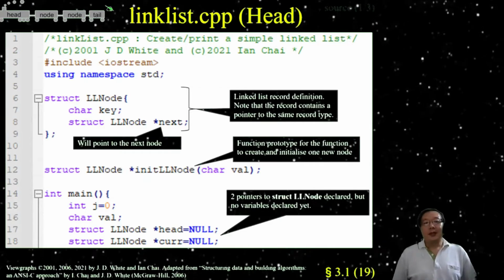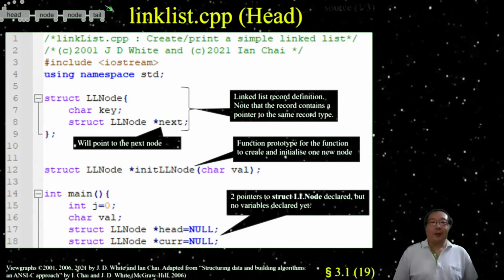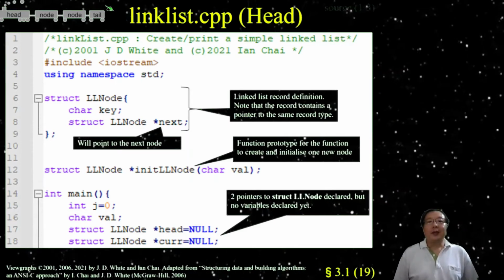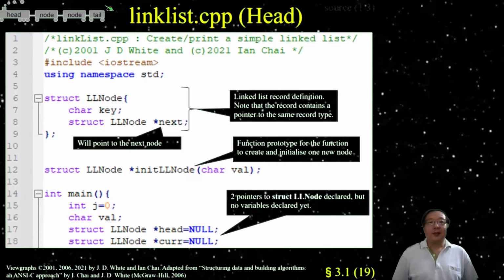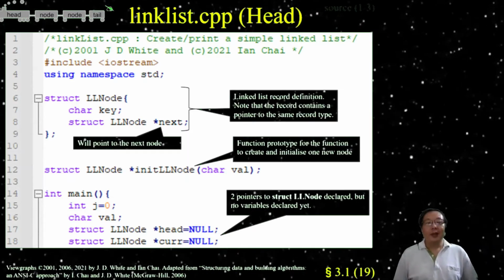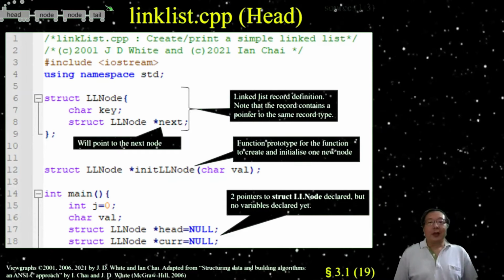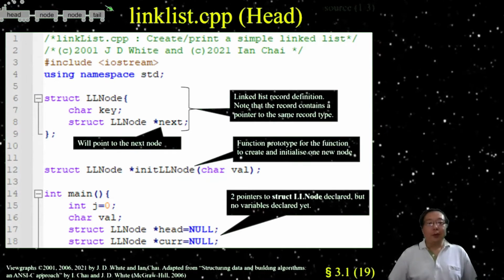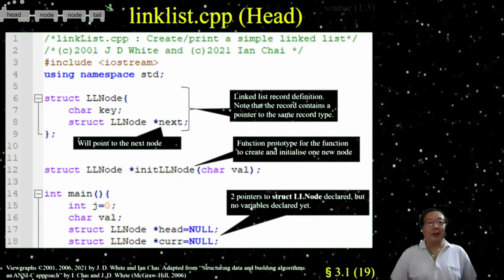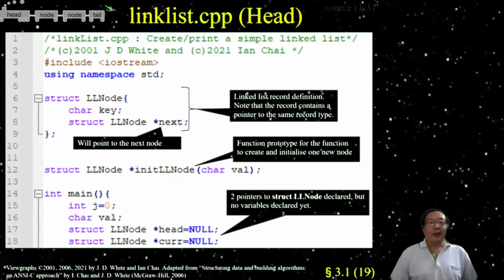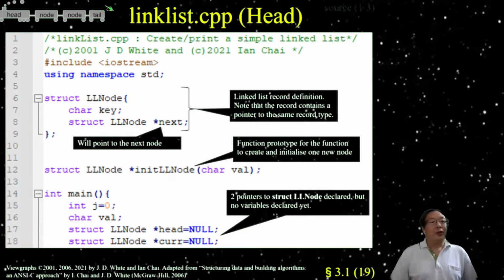Okay, this is the sample linked list program, linkedlist.cpp. It's just going to create a simple linked list and then print it. Most of my examples are going to be adapted from this book, Structuring Data and Building Algorithm, an ANSI approach, that I wrote with Professor Jonathan White back in 2006.